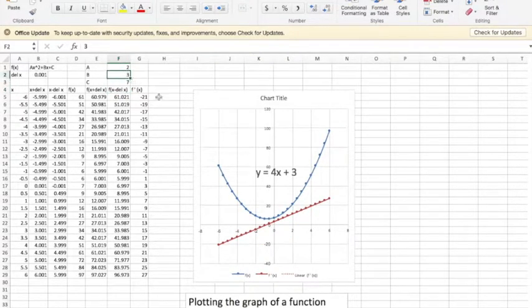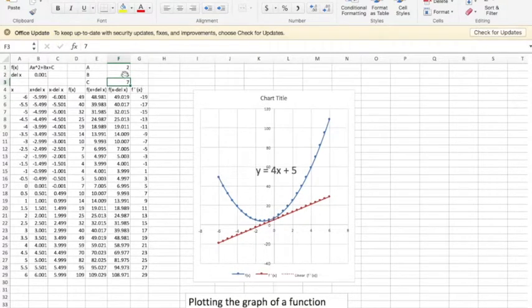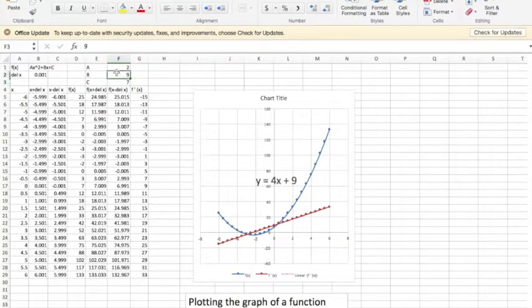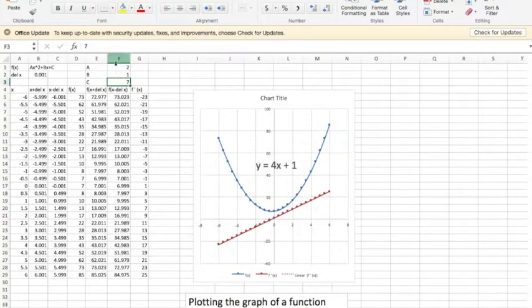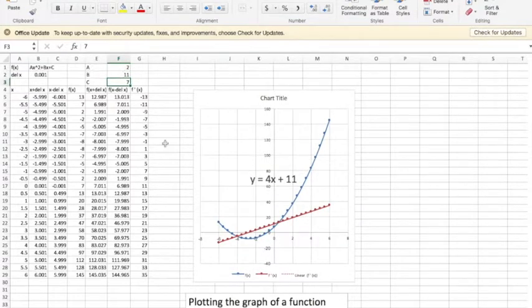Now I'm going to look at what happens if I change the linear coefficient to 5, to 9, to 1, to 11, and it seems the constant term of the derivative is the linear coefficient of the quadratic function.